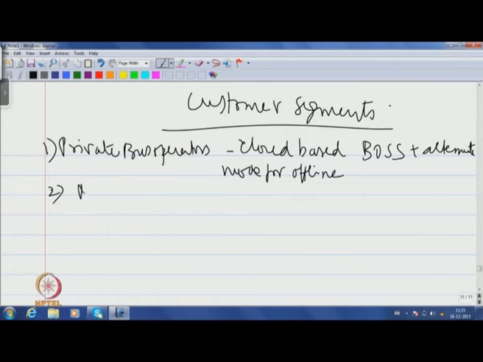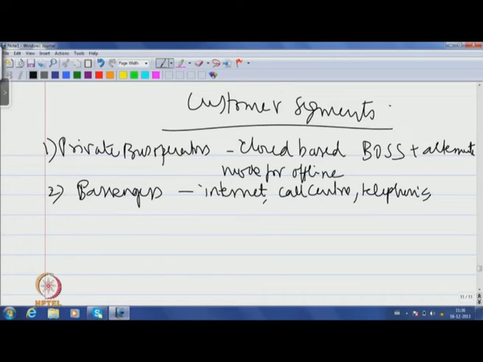The biggest, of course, in terms of volume, was the passengers, to whom Redbus gave an internet option, a call center option, a telephonic option, or even a distribution network where they could go and visit.